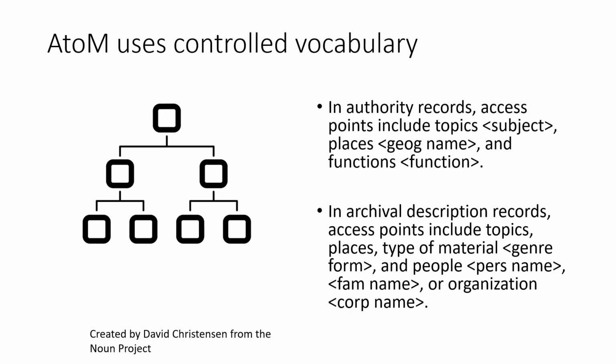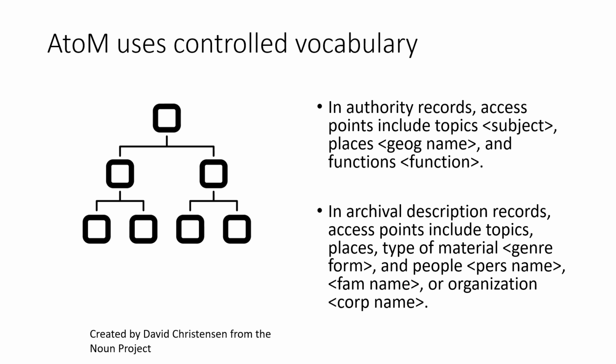In AtoM, controlled vocabulary can apply to the repository, the creator of the archival material, and the material itself. You can use locally controlled vocabulary if you have a single repository system. You can use shared controlled vocabulary in a multi-repository system. AtoM improves access by providing an easily searchable online interface and multiple access points.